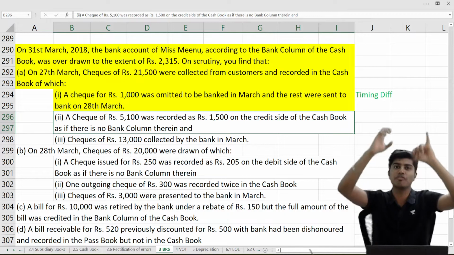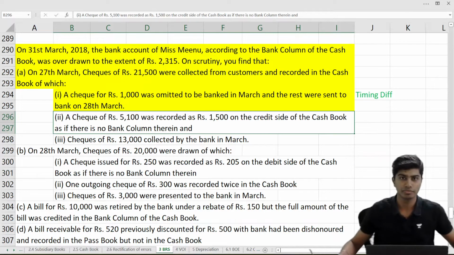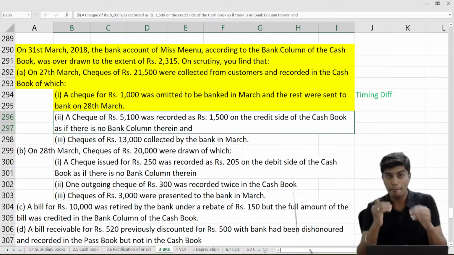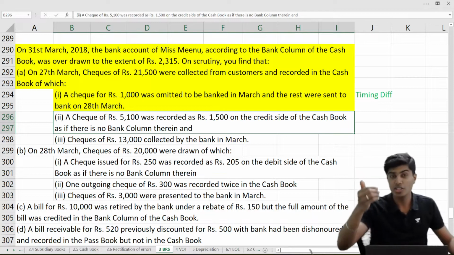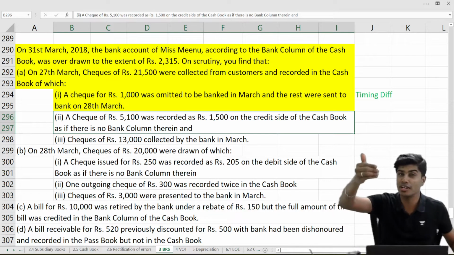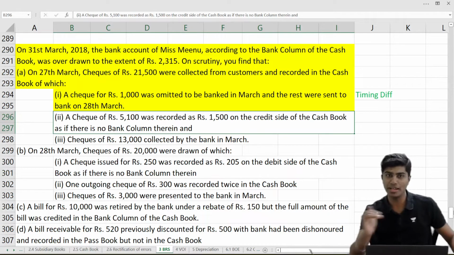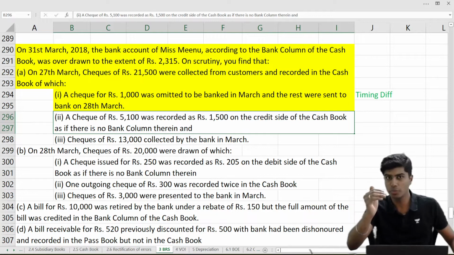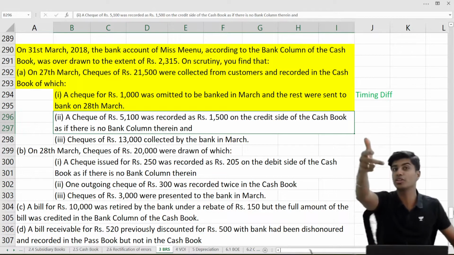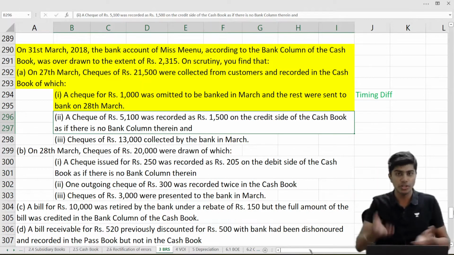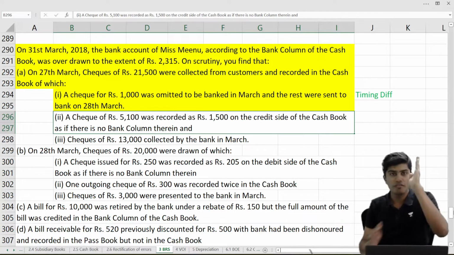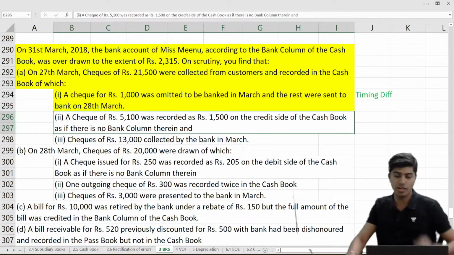Further, I should increase by 5100 to bring it on par. Cash book should have been plus 5100. Instead of doing plus 5100, they've recorded minus 1500. To nullify minus 1500 to 0, I would have to do plus 1500. To bring it to the right value, I should do plus 5100. So totally, I should increase my cash book by 5100 plus 1500.